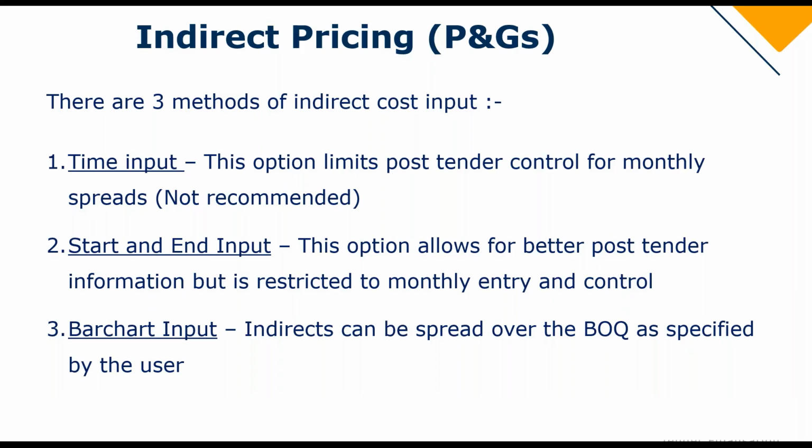This option allows for better post-tender information, but is restricted to the monthly entry and control. The best way is to use the bar chart input, number 3. So indirects can be spread over the BOQ as specified by the user. I will show you these 3 ways in Candy.